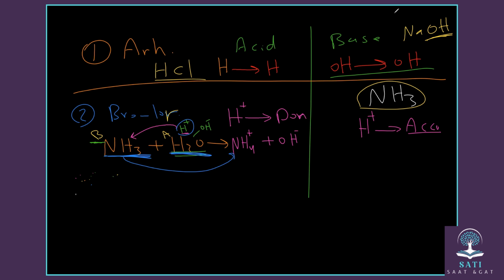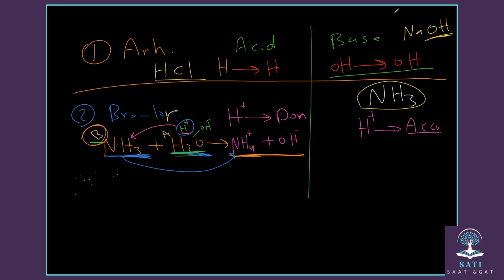And H2O is an acid because it is the donor of the H. This is before, on the left of the reaction equation. Now on the right of the equation, what happens? NH3 accepted the H, and it becomes NH4. NH3 was a base.